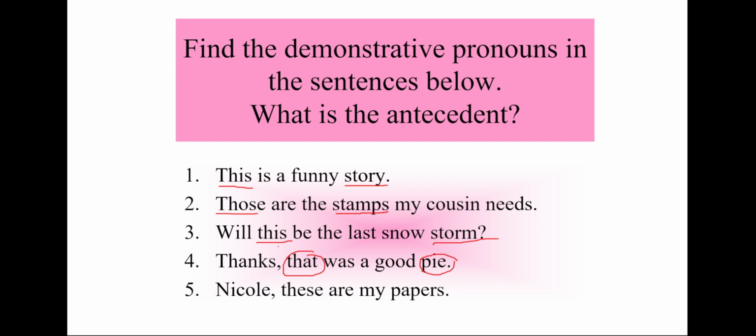And the last one: "Nicole, these are my papers." What is the demonstrative pronoun in this sentence? We have "these" as the demonstrative pronoun, and "my papers" is the antecedent. Okay.